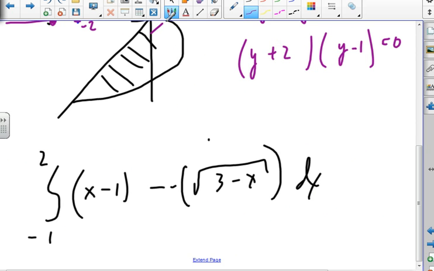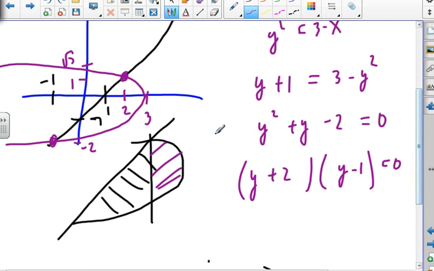Then we have to consider how we are getting that part. Well, that part is the same here as it is there, right?